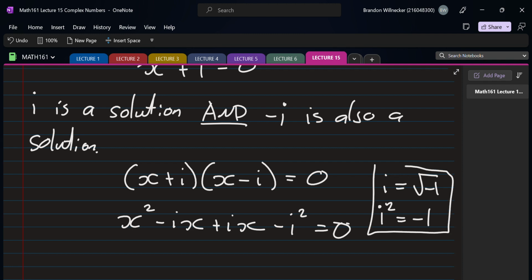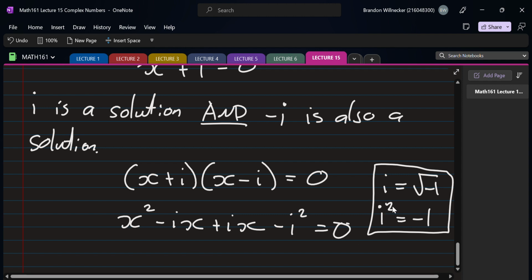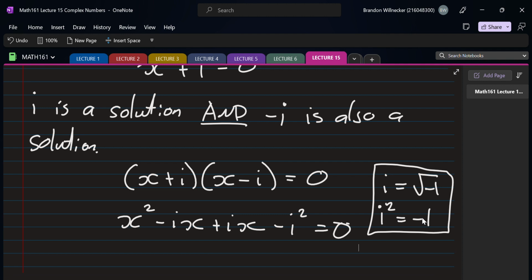That's the defining feature of this imaginary number, i. When you square it, you get a negative number. Now that doesn't happen in the real numbers. If you square any real number, you end up with something positive. But if you square a complex number, in this case if you square i, we get minus 1.